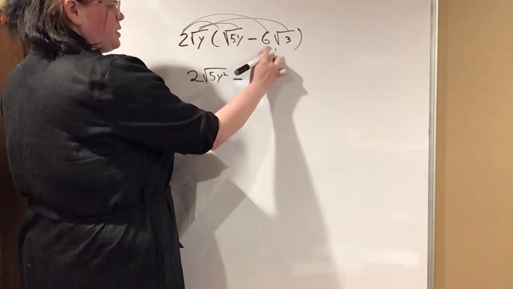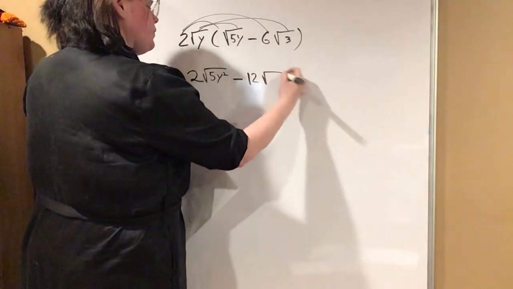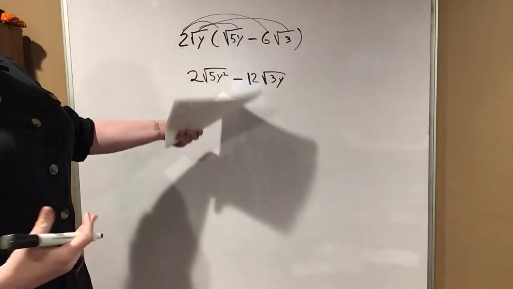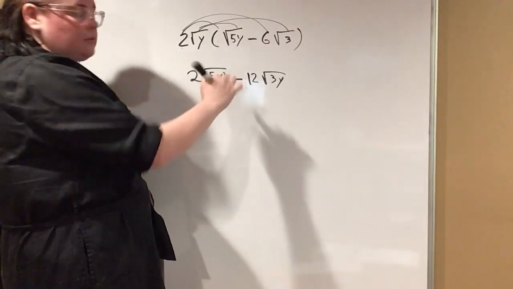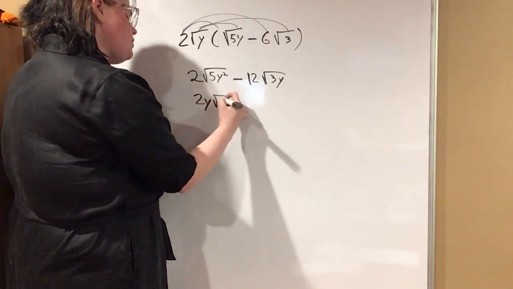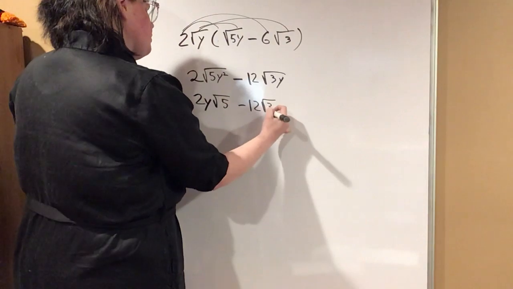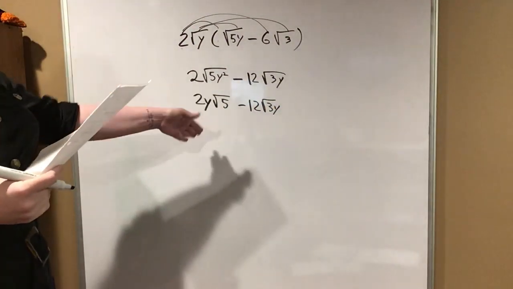Minus 2 times negative 6 is 12. y times 3 is 3y. So now we can take something out of this guy right here because that is an even number. So when we do that, we get 2y square roots of 5 minus 12 square roots of 3y. And we can't go any further with it, so we just stop.